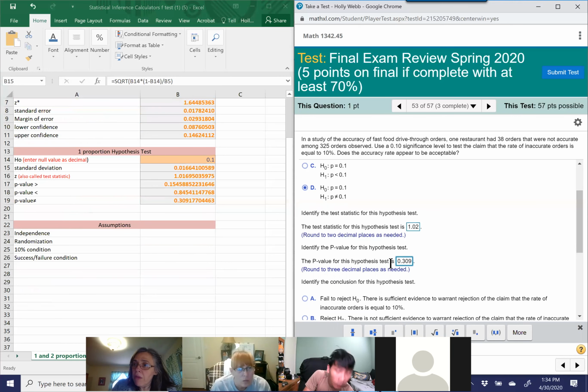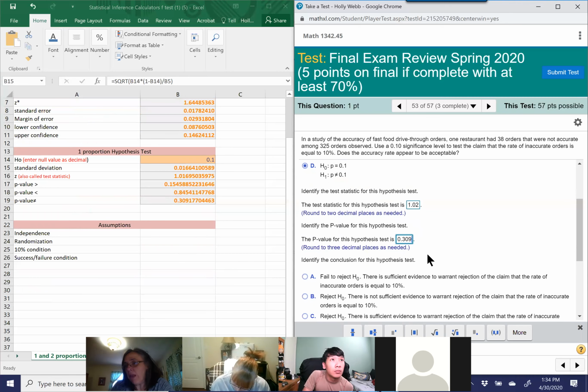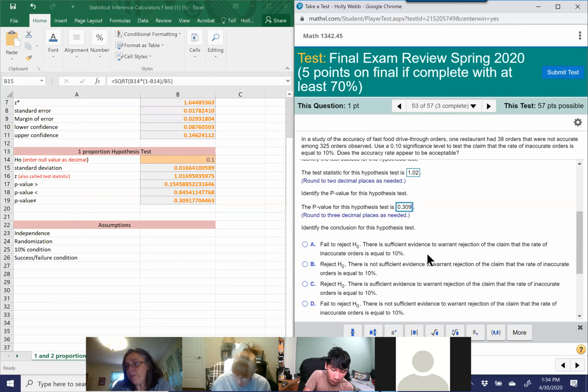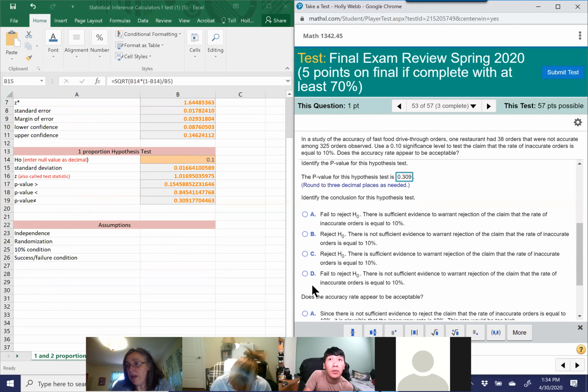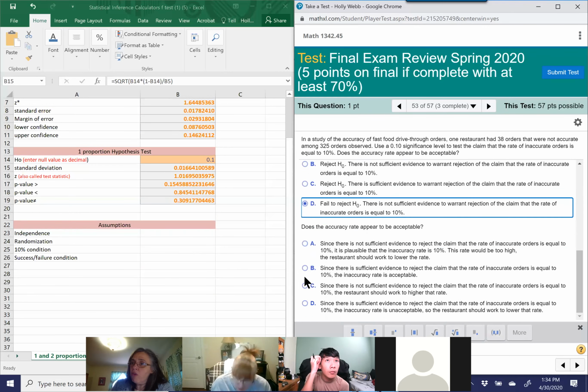And that p-value, 0.309, we're going to compare to our 0.1 significance level. Is the p-value greater or less than the significance level? Greater, so we're going to fail to reject. We fail to reject because there is not sufficient evidence to warrant rejection of the claim that it's equal to 0.10.